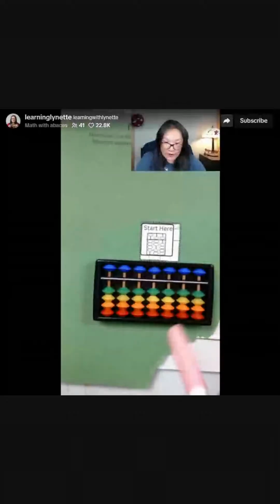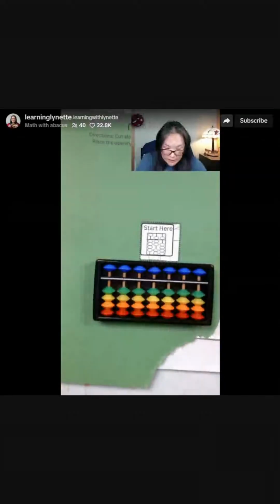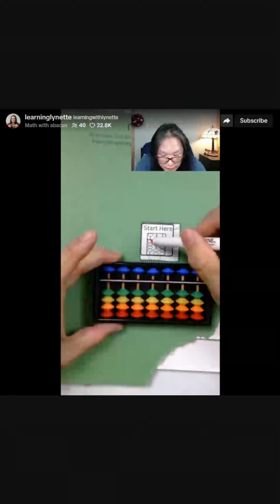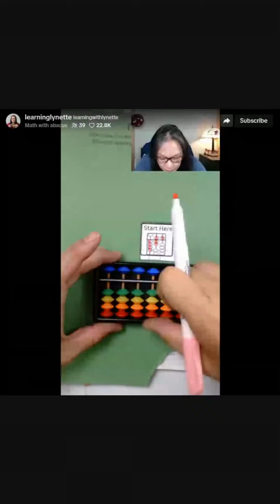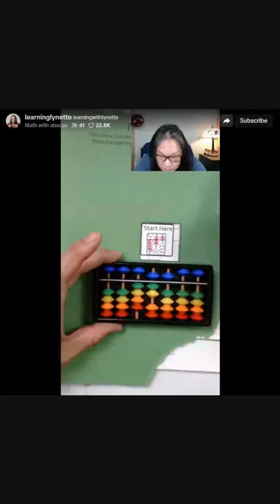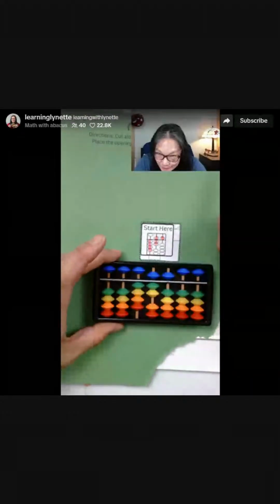Okay, so if I have my hundreds, my tens and my ones, what number do we think that is? We'll finish this maze, and then I'm gonna sign off. 475.